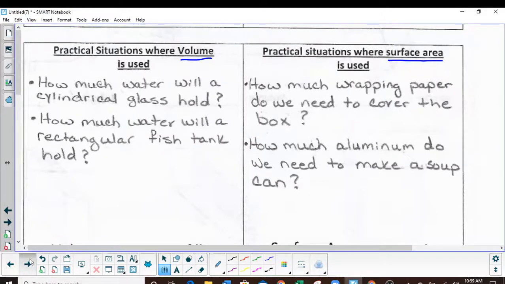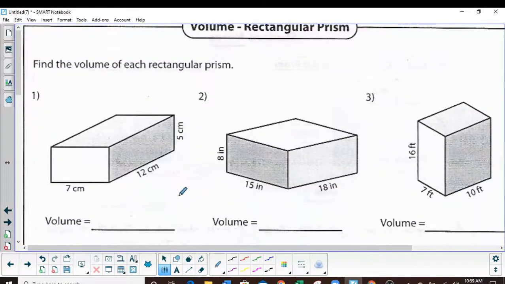Okay? And over here, probably the easiest part of the sheet, that's why I didn't ask you to just do the odds, because when we're doing volume, if you look at your formula sheet, the formula for the volume of a rectangular prism is nothing more than, and I'll go ahead and write it up here, if you'd write it on your page too, volume equals length times width times height, and that's all it is.